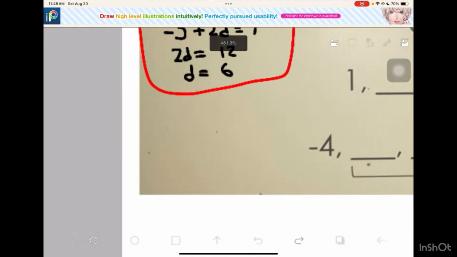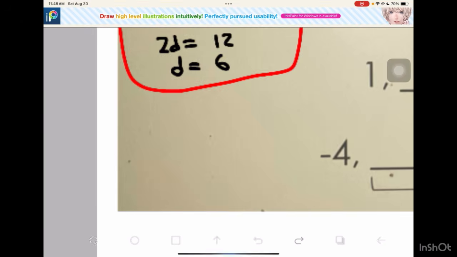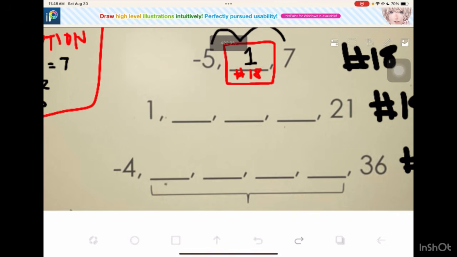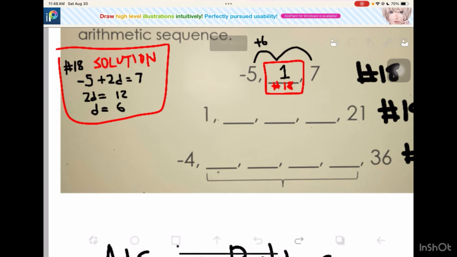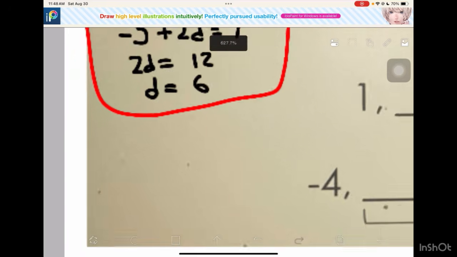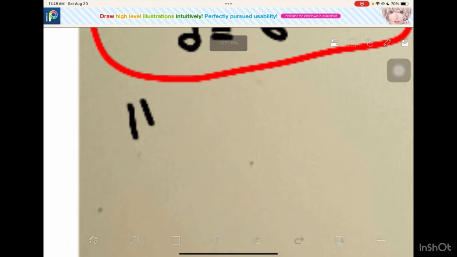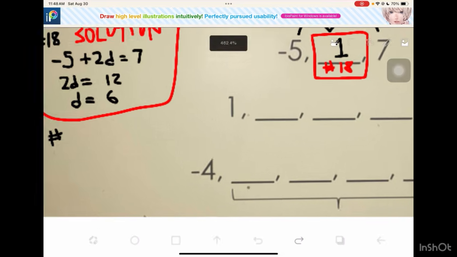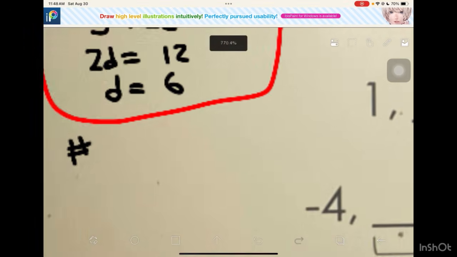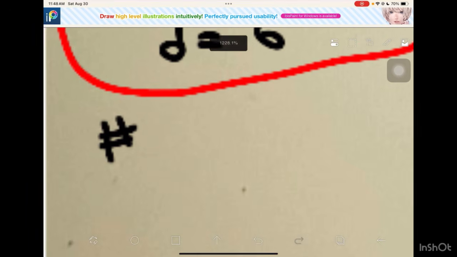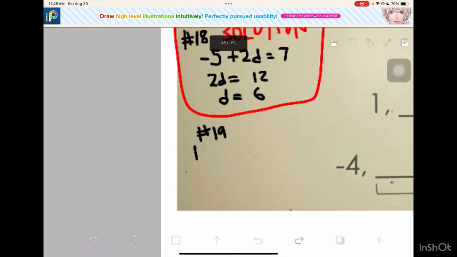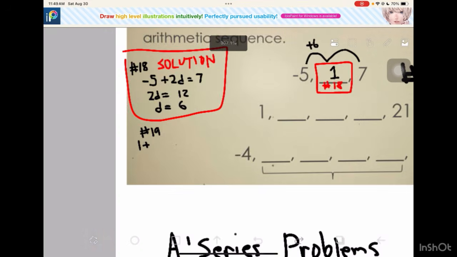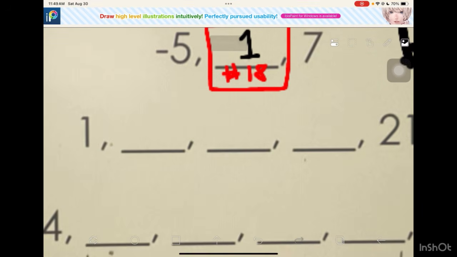Okay. Next one, number 19. We have 3 arithmetic means. So let's try to do that. So like I said, let's first attach 1 to the other side. And then plus, so let's count how many times we added d.